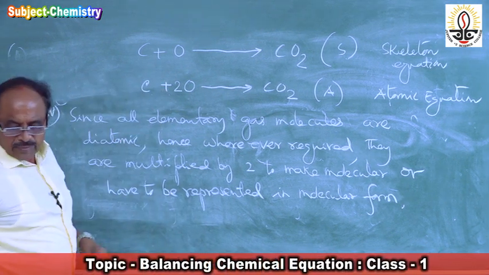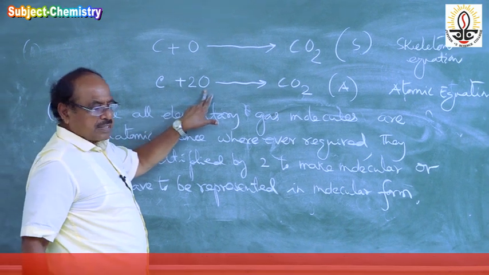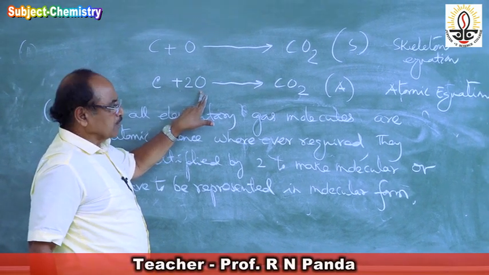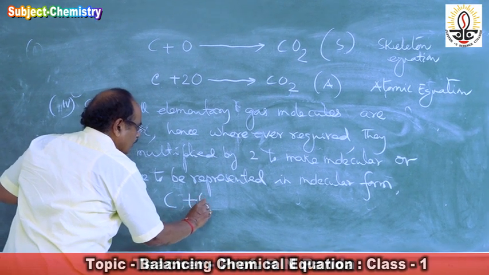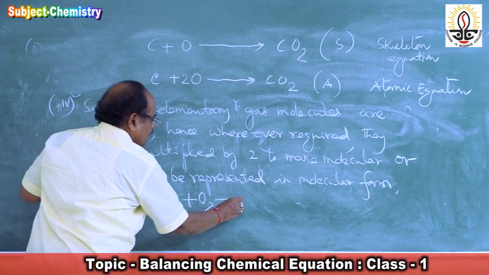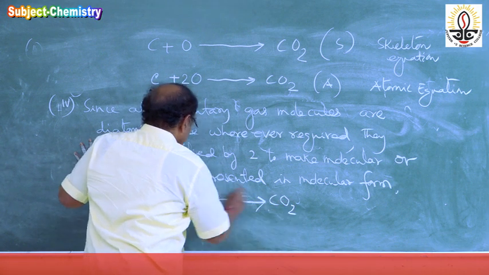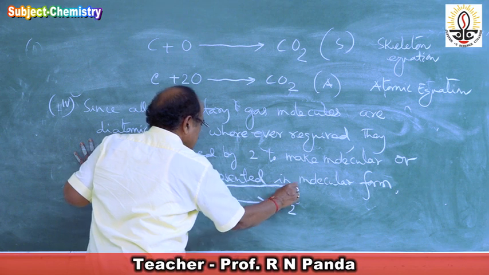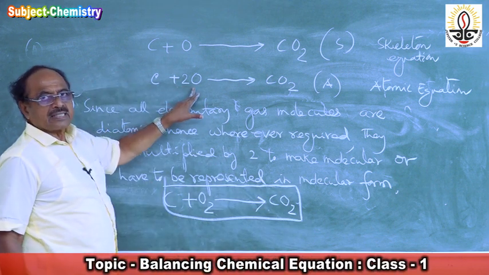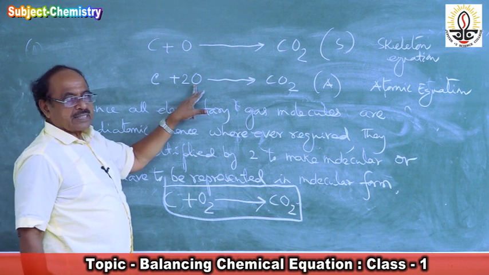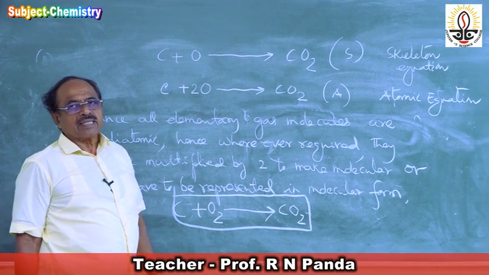So this atomic equation had to become molecular. Oxygen has to be present in a molecular state. So in the third step, carbon will react with molecular O2 to produce CO2. So this is now a balanced chemical equation. Because oxygen is an elementary gas, it will never remain in atomic state; it will remain in the molecular state. This is a balanced chemical equation.